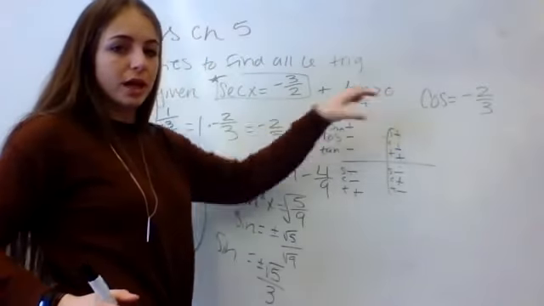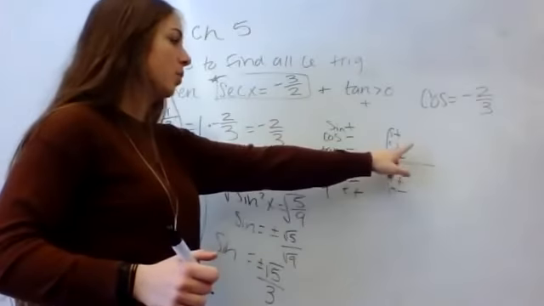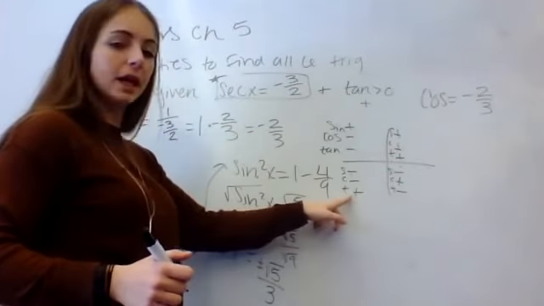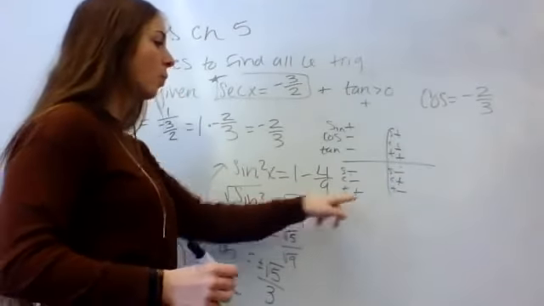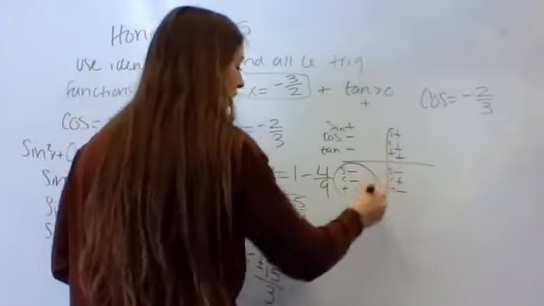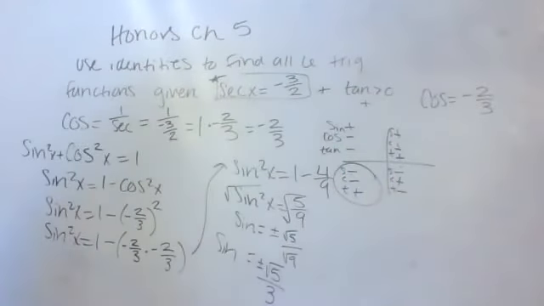So in which quadrant is cosine also negative? Well, that's not quadrant 1. So cosine's also negative in quadrant 3. So our x value is in quadrant 3.